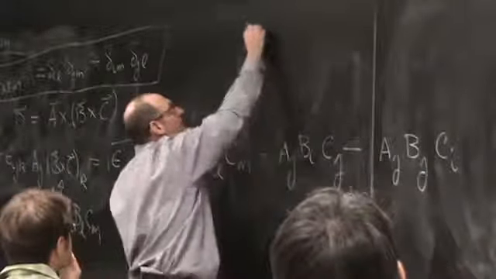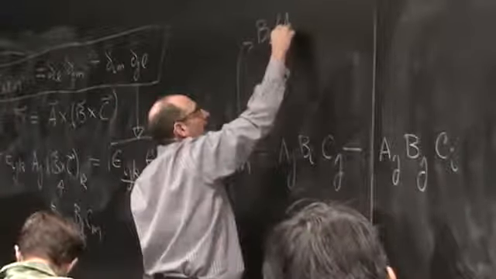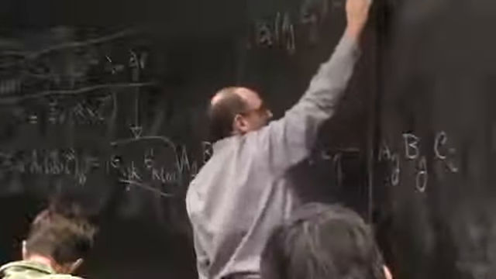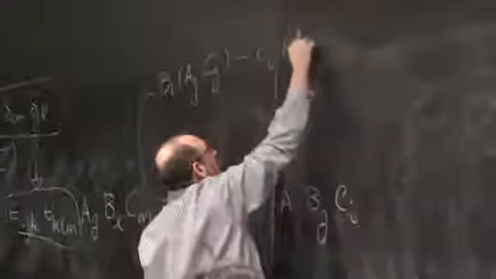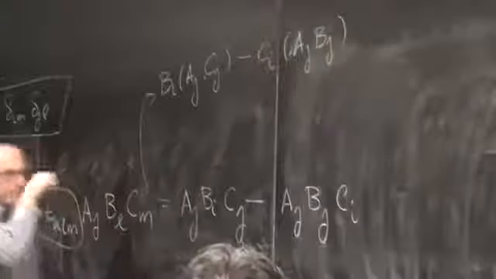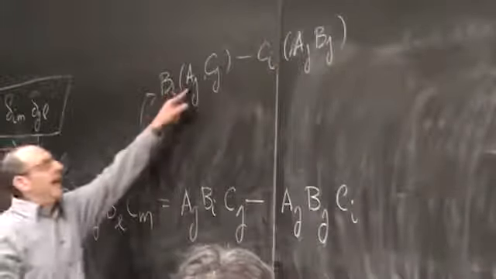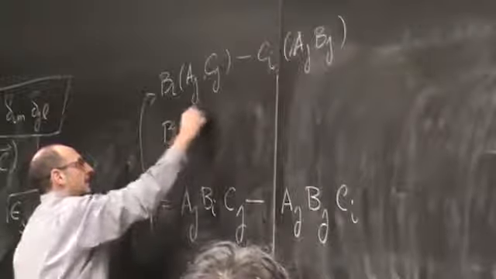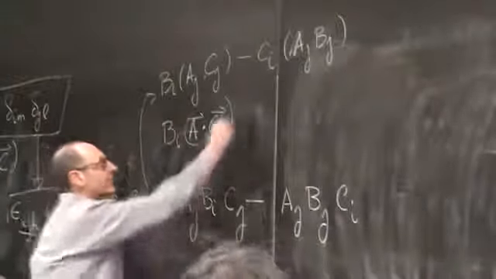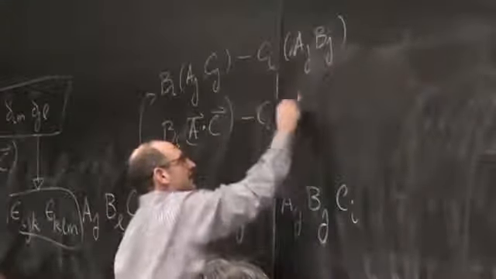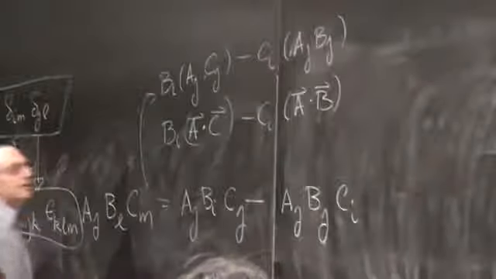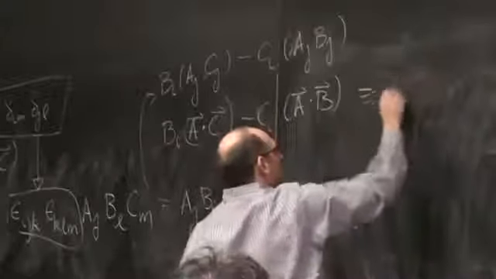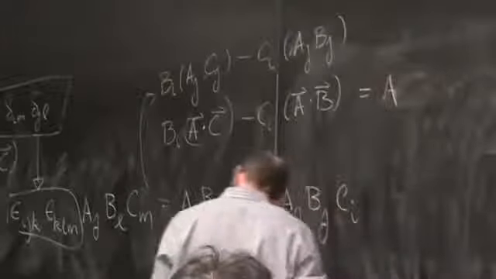So I can rewrite this as b_i times a_j c_j minus c_i a_j b_j. And a_j c_j summed over j is nothing more than the dot product between A and C. And similarly, the sum over j is the dot product between A and B, which is equal to the ith component of A cross (B cross C) equals B(A·C) minus C(A·B).